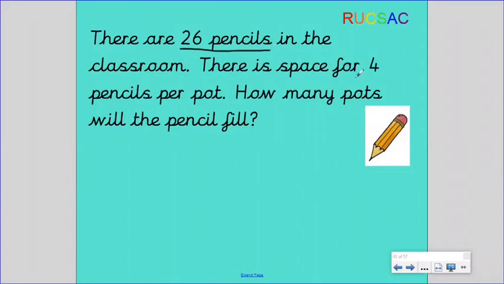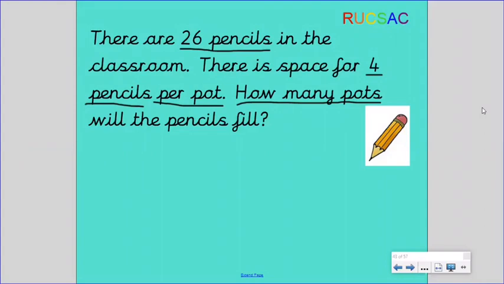There is space for 4 pencils per pot. Okay, so 4 pencils in each pot, 4 groups. How many pots will the pencils fill? So 26 pencils, 4 pencils per pot. How many pots will the pencils fill?